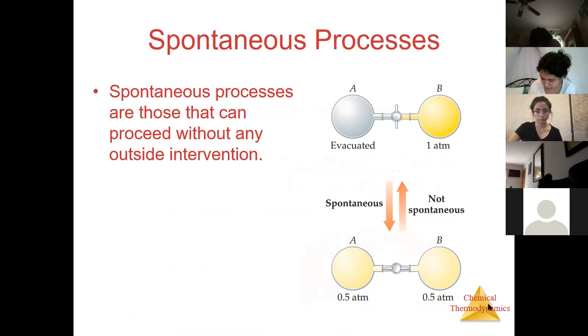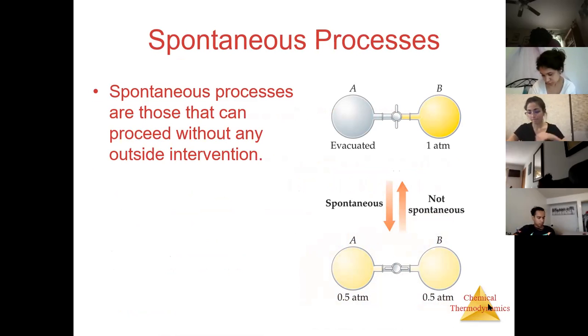Spontaneous processes occur without any outside intervention. If you have two flasks that are connected by a stopcock, you have one that's at 1 atmosphere pressure, the other is a vacuum. If you open that stopcock, you naturally think what happens is that the air is going to move from the full container into the one that's vacuum.